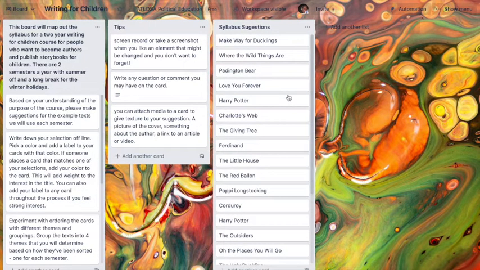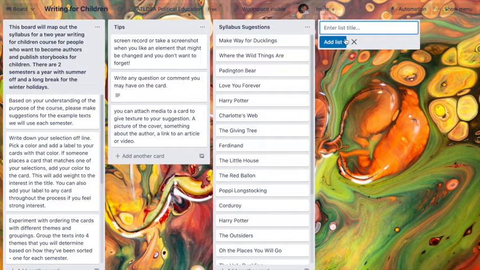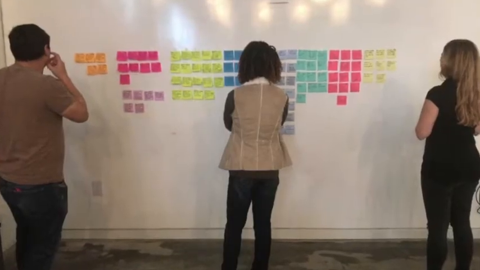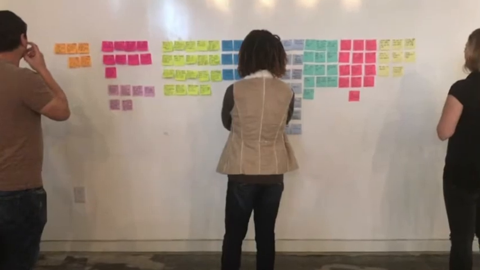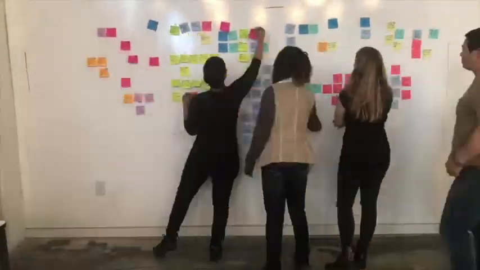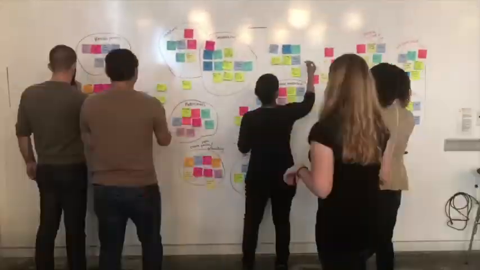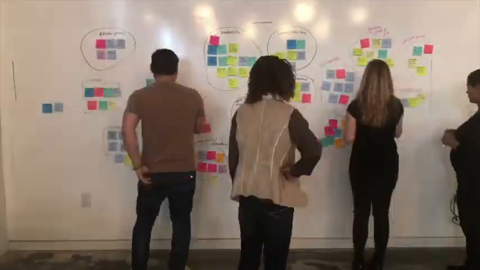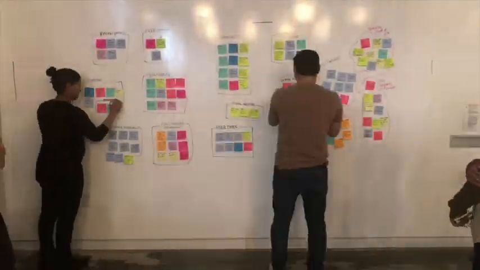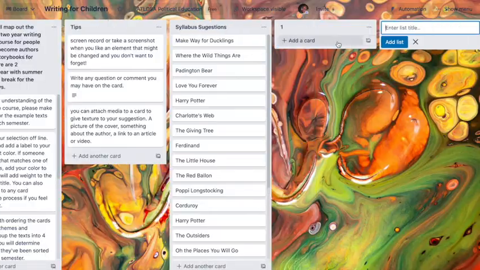Okay, so here we're going to add some lists. So this is what the sorting is going to look like when this facilitation is done in real life. Each person had used a color-coded sticky with their idea on it, and then they did this sorting.